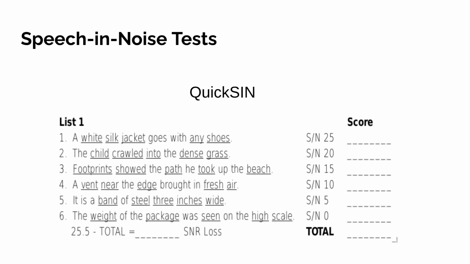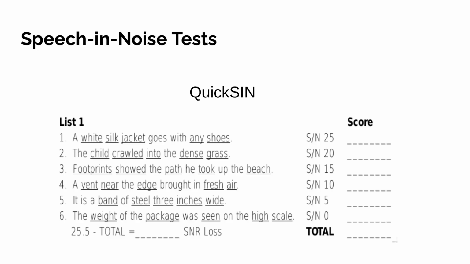Here's the QuickSIN. A white silk jacket goes with any shoes. The child crawled into the dense grass. Footprints showed the path he took up the beach. By far the most popular speech-in-noise test right now. You're looking at the number of underlying words correct at the different signal-to-noise ratios, going from plus 25 dB down to 0 dB.